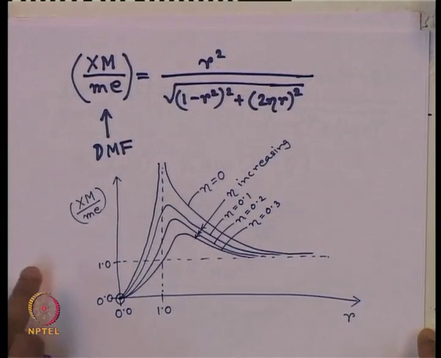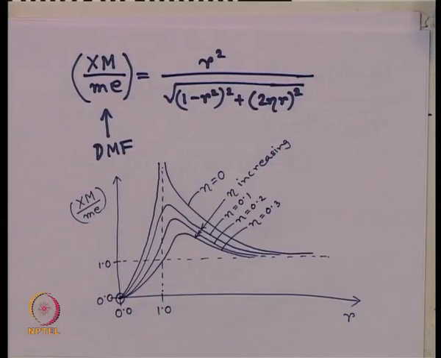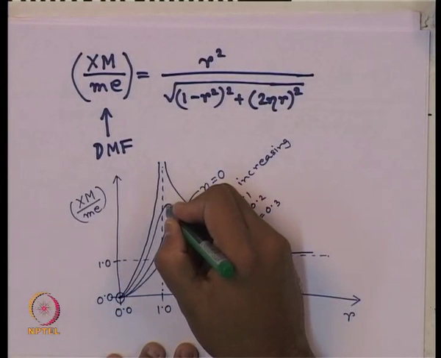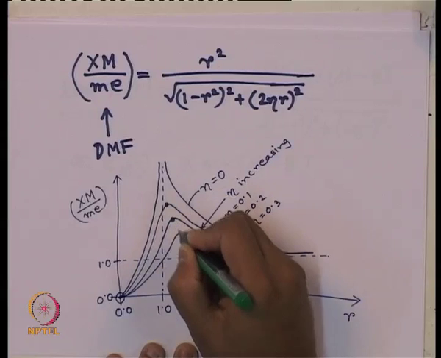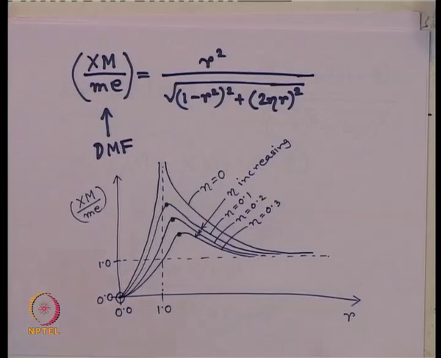And where this maximum value of x m by m e occurs, the same case as the previous one, we want to find out where the maximum DMF occurs. If you look at the figure carefully, I have already drawn that this occurs a little after r equals to 1. So, let us see where it occurs mathematically.